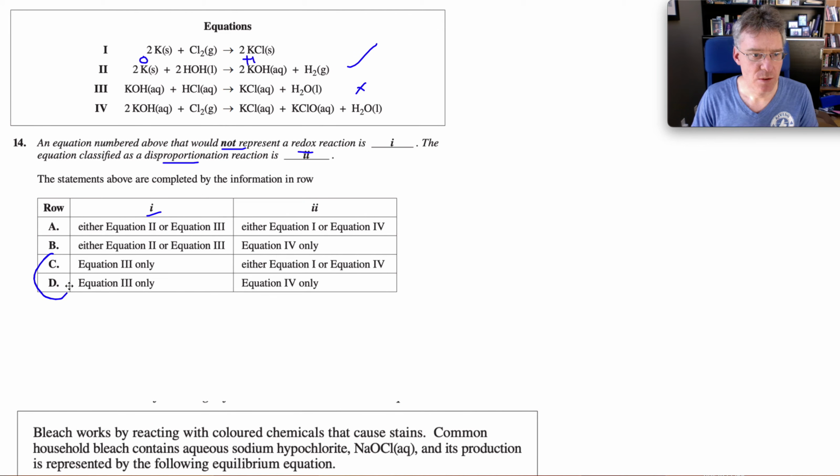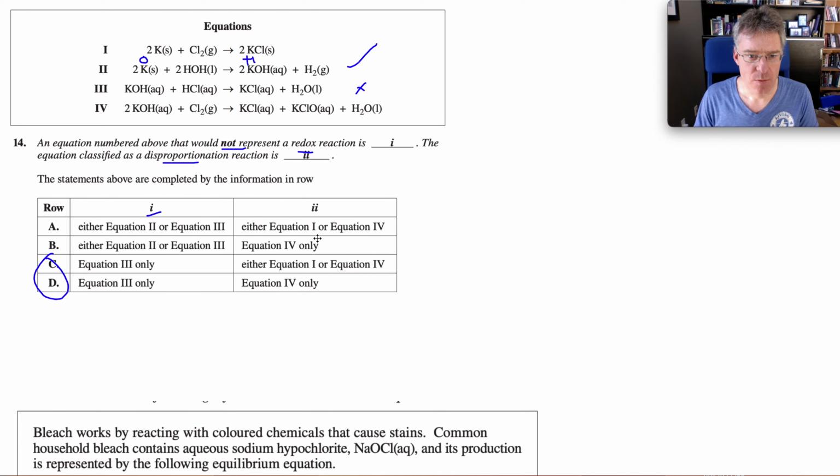So we're down to C or D. And now we just have to find the disproportionation. Now that is when the same atom is acting as the OA and the RA. So we have to have one atom showing up twice on the product side.